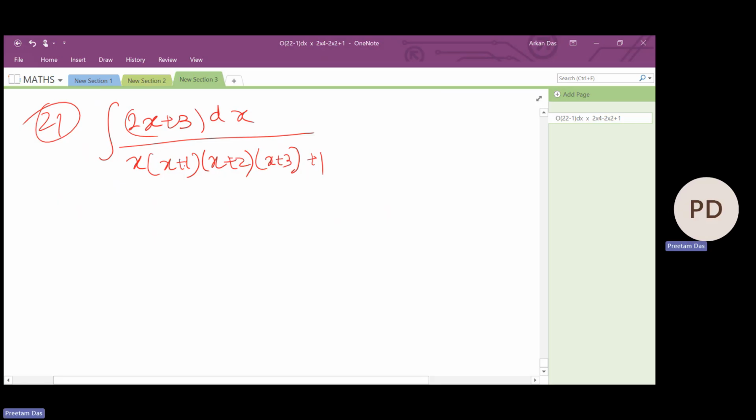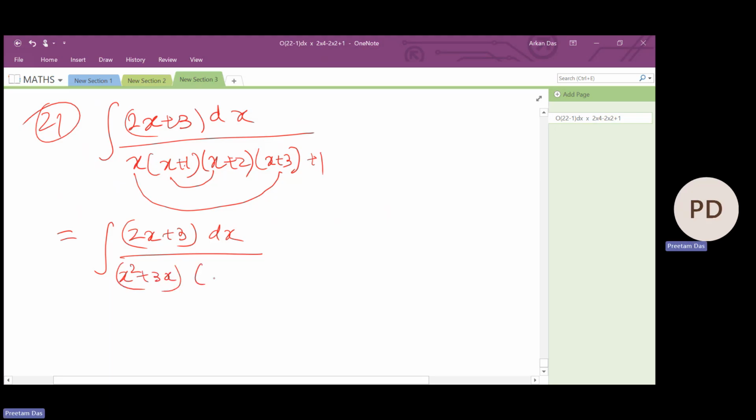So what is the function whose differentiation is this 2x plus 3? It is x square plus 3x. We have to see where x square plus 3x is in the denominator. These two clearly become x square plus 3x. These two when we multiply, then also we get x square plus 3x. So we get something else also that is a constant, and that is fine. So x square plus 3x and then x square plus 3x plus 2 and then plus 1.